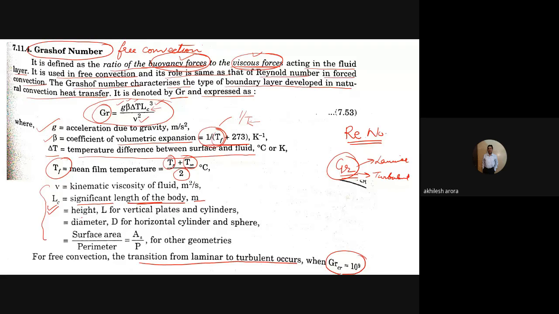So it is height L for vertical plates and cylinders, and diameter D for horizontal cylinder and sphere, whereas it is equal to As, surface area, divided by perimeter for other geometry. So that you need to remember. A Grashof number approximately equal to 10 raised to power 9 represents the transition from laminar to turbulent in natural convection.